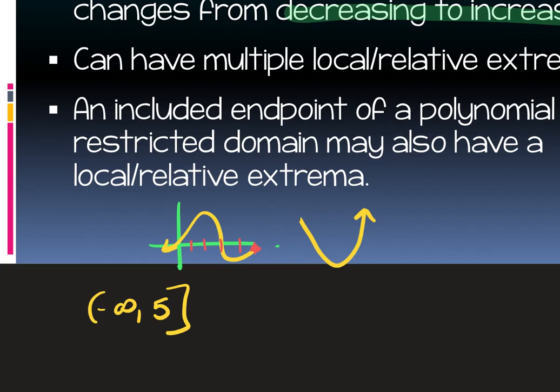I would ignore everything after it. And that would count as a local max. It's going up, okay? So if it ends or starts by getting cut off by a domain restriction, it is included in a max or a min. It's the highest point in that area of the graph. So this graph would have a local max here, a local min here, and a local max here.